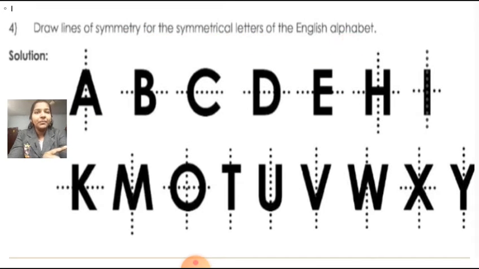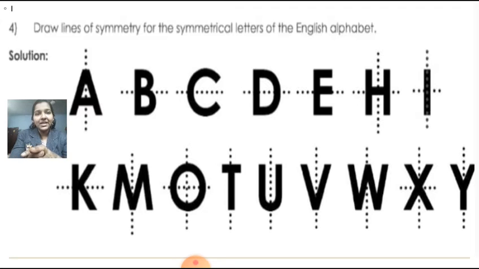Okay, so first we have to take the symmetrical letters in the English alphabet. Can you say which are they? A, B, C, D, E, H, I, K, M, O, T, U, V, W, X and Y. These are the symmetrical letters.